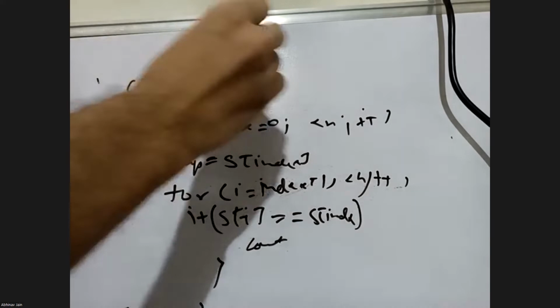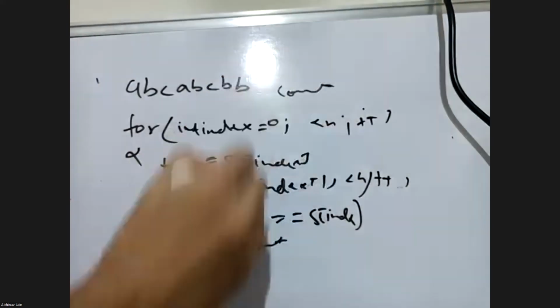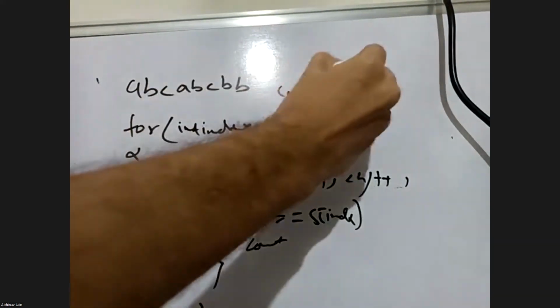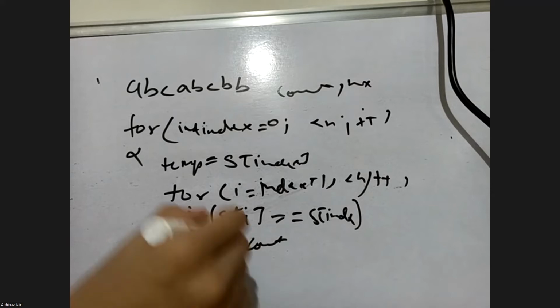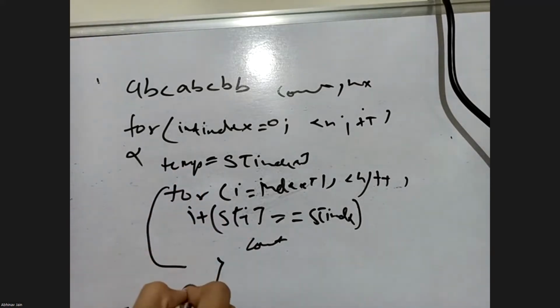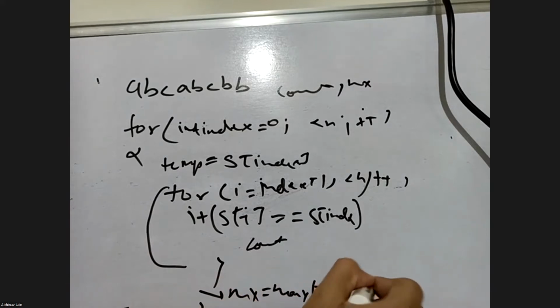We will define a variable count somewhere here, and then another variable mx, let's say, which will be an answer. We can name it anything, mx or answer. And then at the end of this for loop, we will do mx equals max of mx and count, and then that would be our answer.